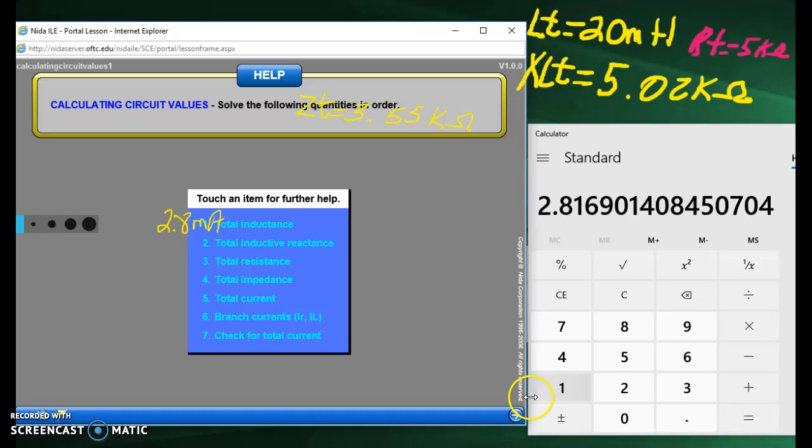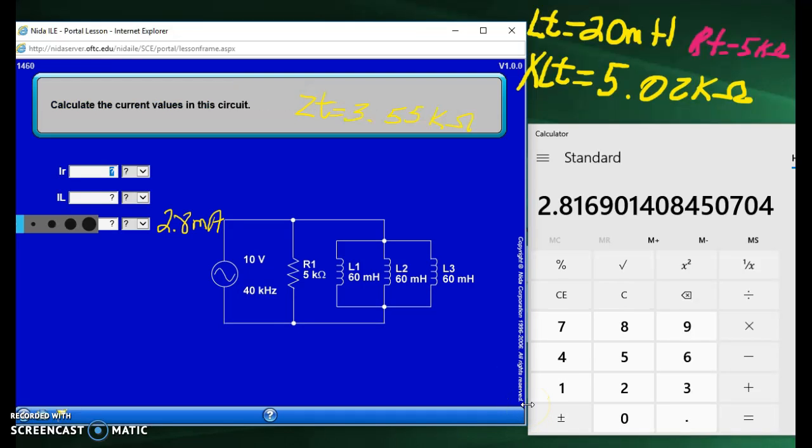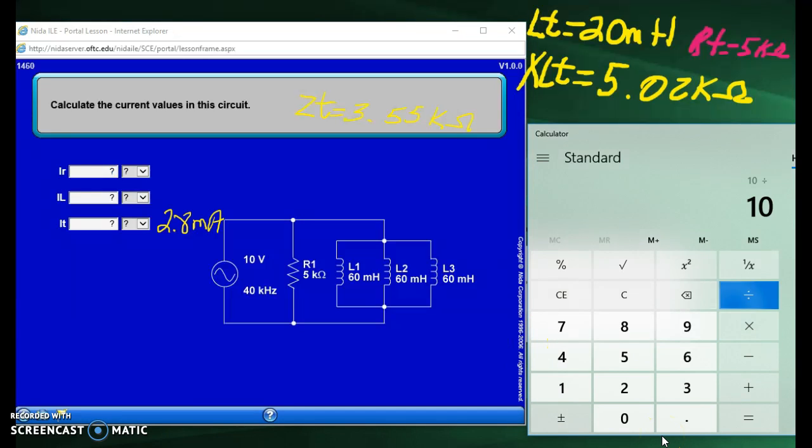So let's get back here. And let's do 10 divided by 5. This would be milliamps because it was K. 10 volts divided by 5K. So this answer right here for our resistance is 2 milliamps. Now we've got to do the same thing with our X of LT.